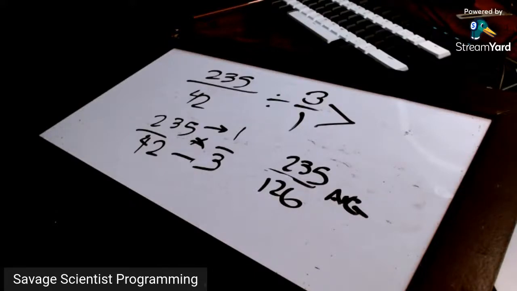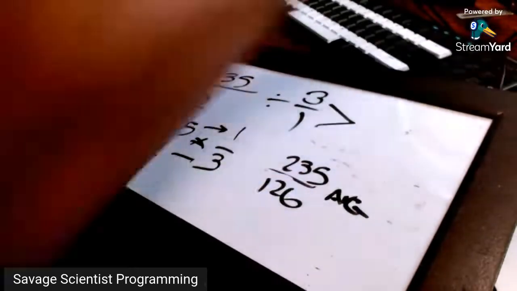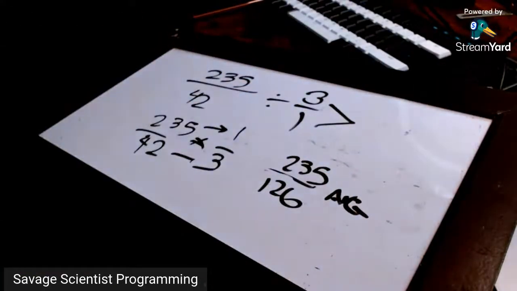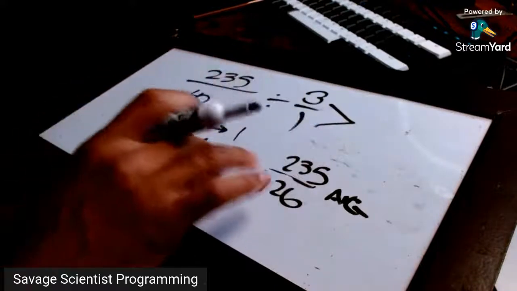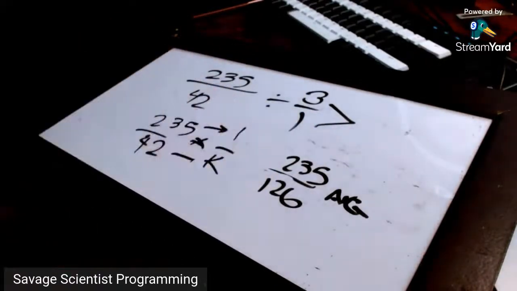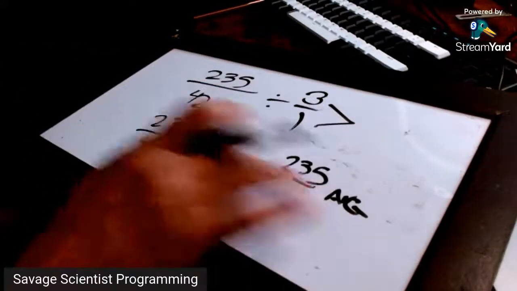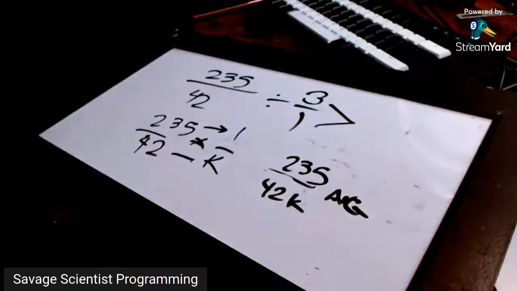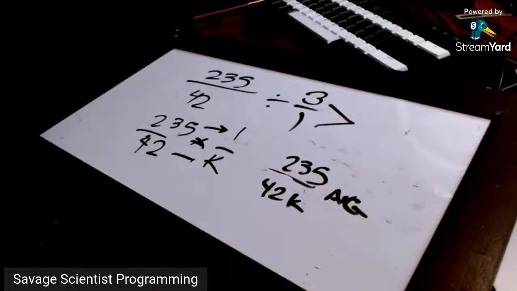So that's supposed to be 3, because we divided by 3 numbers, not 2. So if we would have had K numbers, down here would be 42K.